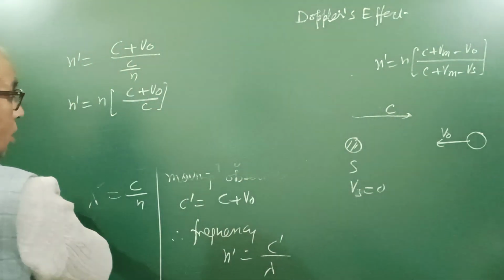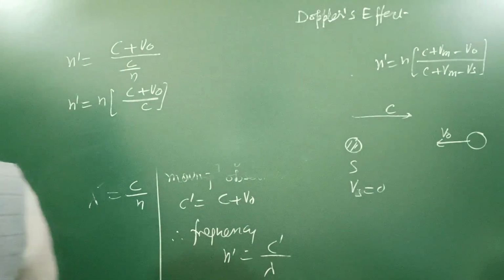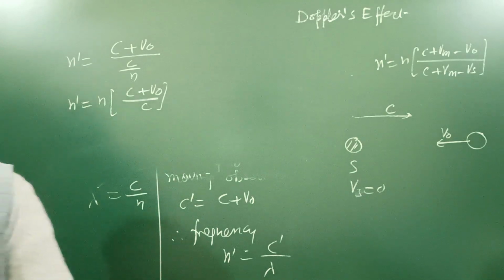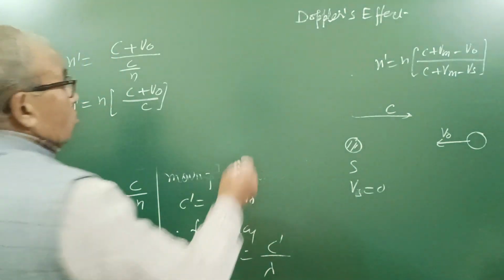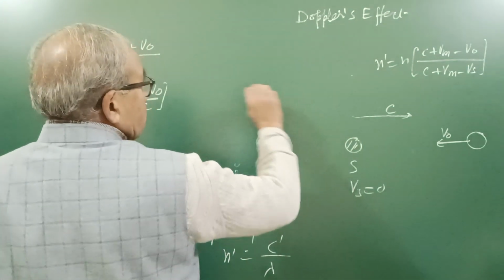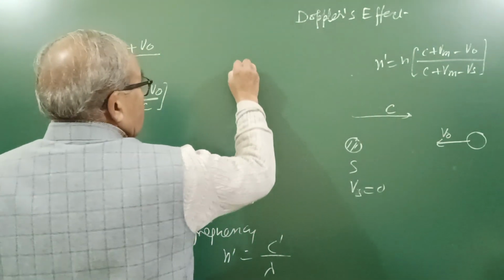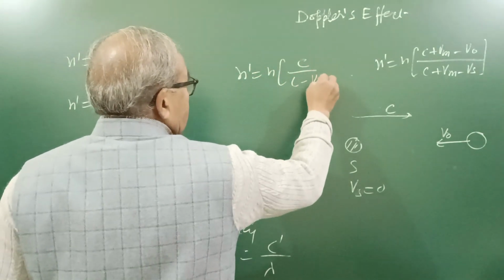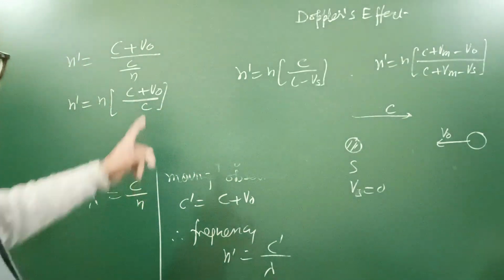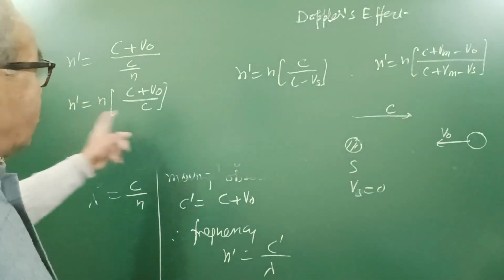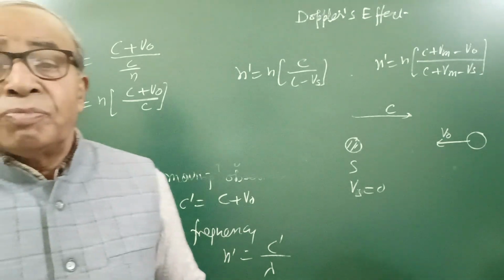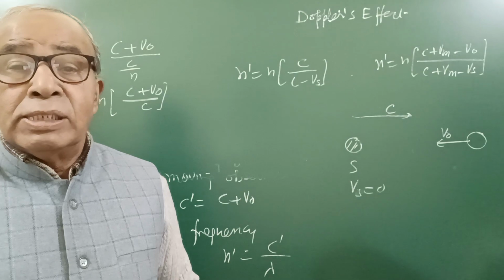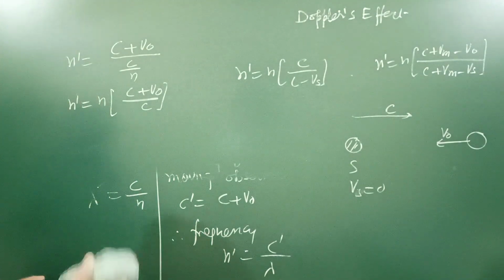I told you earlier that it depends on who moves, the source or the observer. So when the source of sound moves towards the stationary observer, then n dash was n bracket C upon C minus Vs. It may be that Vs equals VO, but n dash is different in the two cases. So here it is a big factor who moves. I hope you have got my point.